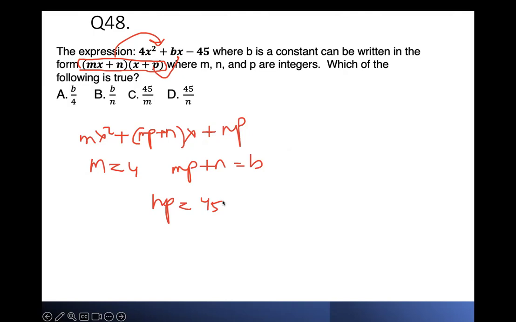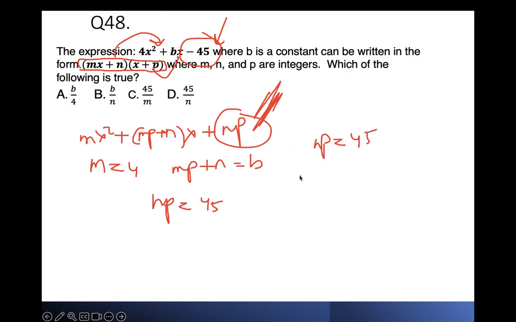So if they ask you this kind of question, all you need to look for is what is making up the product of the solution. Once again, what is making up the product of the solution? What they give you is NP. These are the only things that can make the solution true for all integers. Therefore, NP is equal to 45.